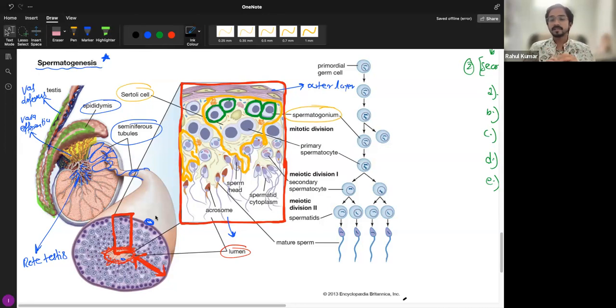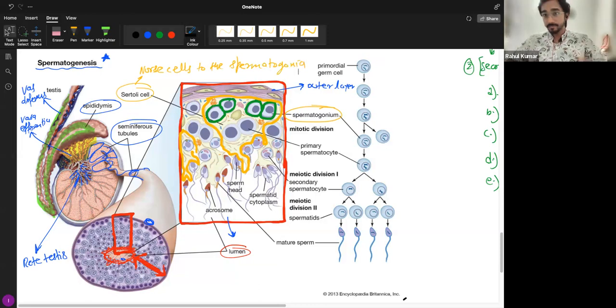Now, spermatogonium cells, as I told you, are the precursors of sperm. Sertoli cells act as nurse cells to the spermatogonia. Okay.